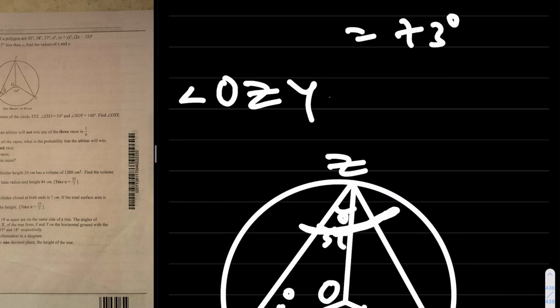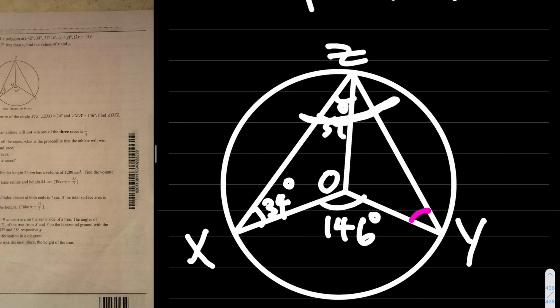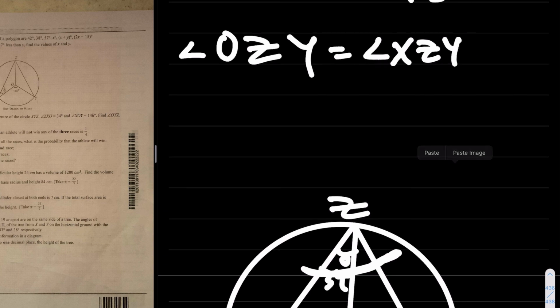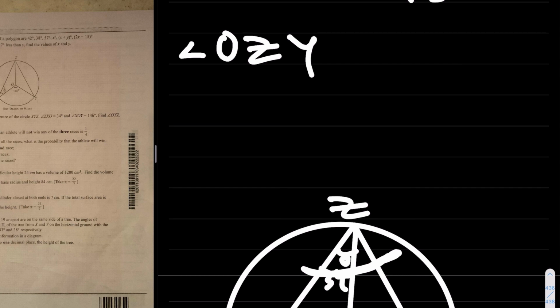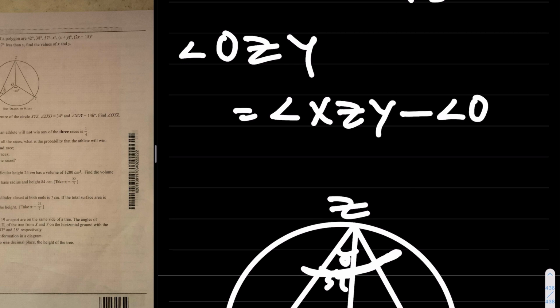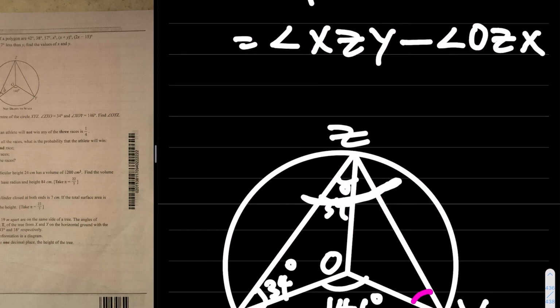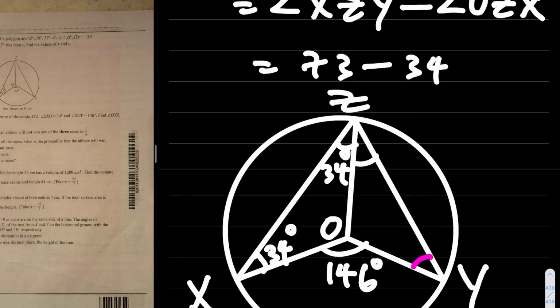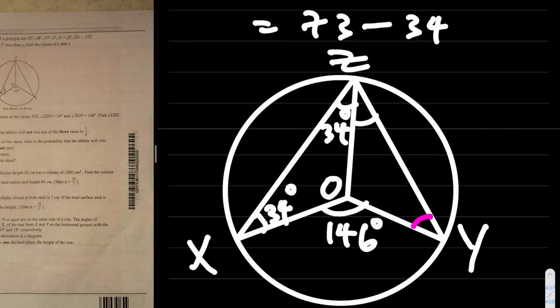So angle OZY equals angle XZY minus angle OZX, which is simply 73 minus 34.